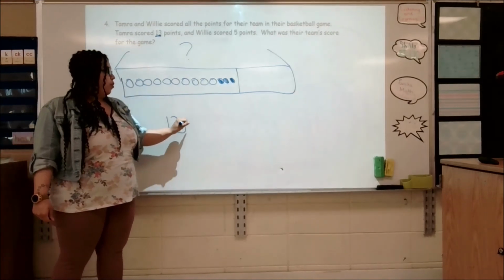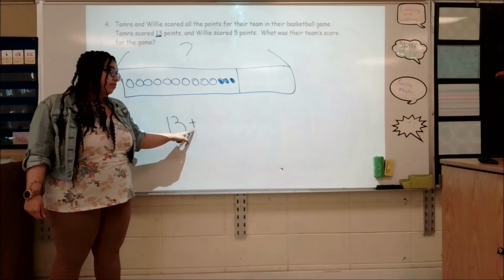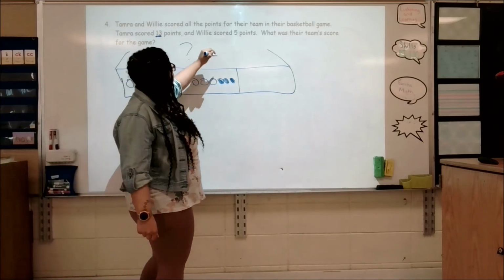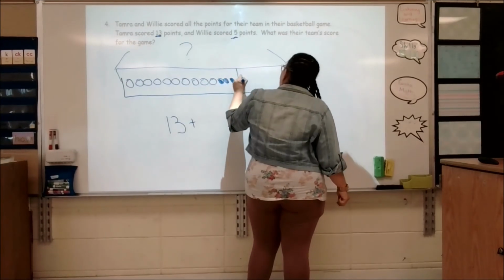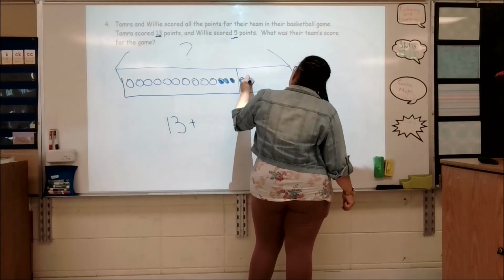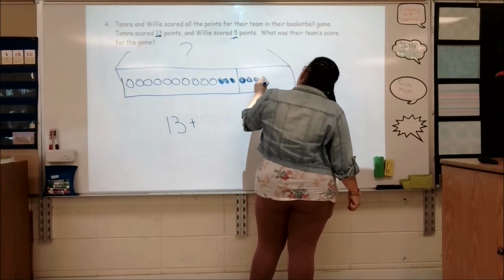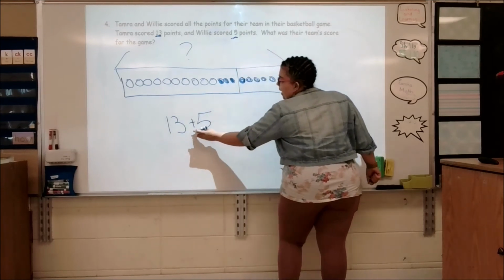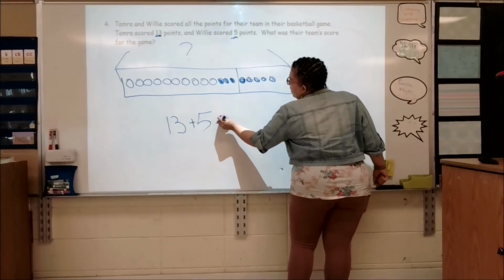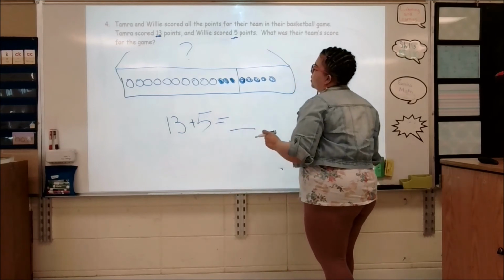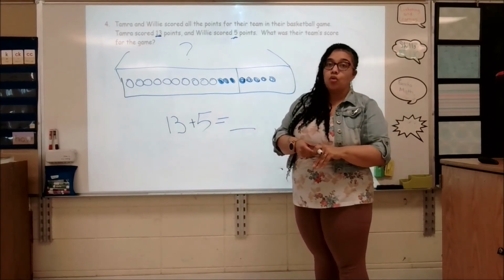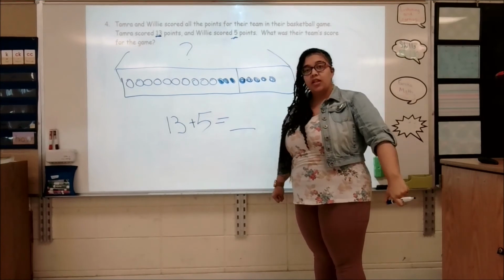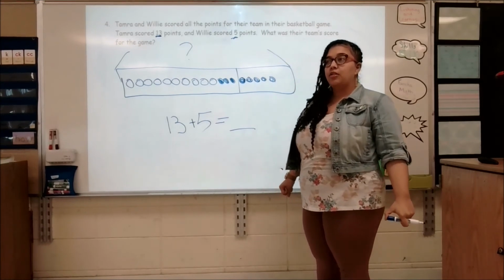So Tamara's points and Willie's points. 1, 2, 3, 4, 5. So Tamara's points and Willie's points, that's the number of points their team scored.